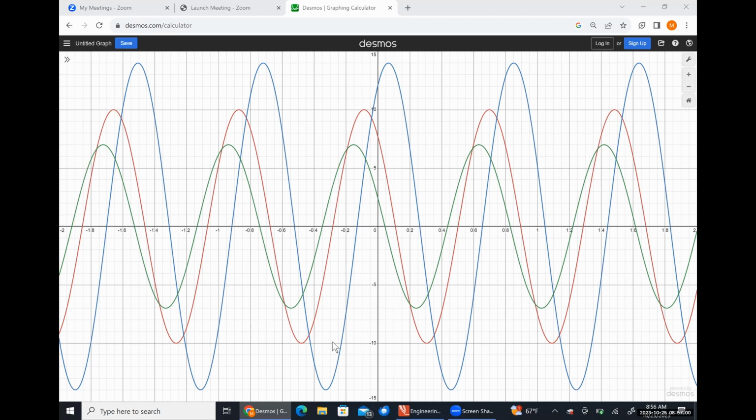So it's lagging because it's delayed, right? The fact that it hits 0 at t equal to 0.0654 seconds means that it is delayed in time.